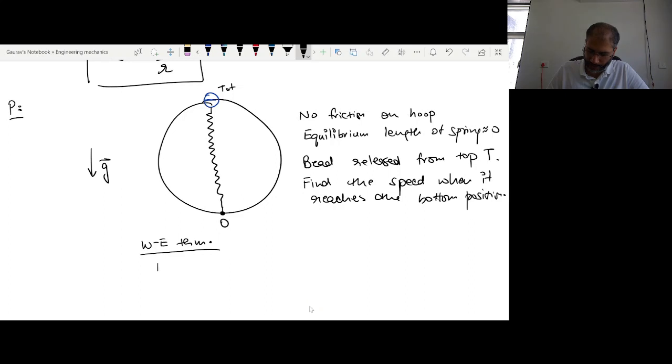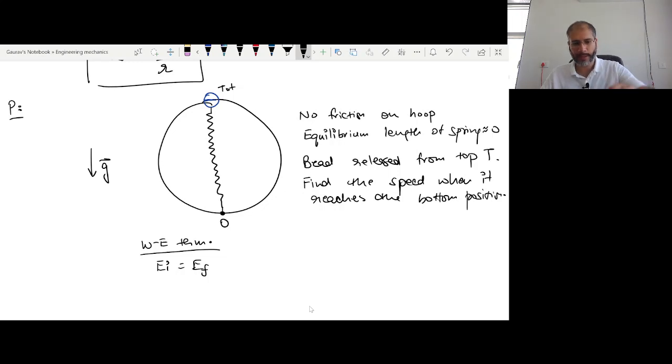That means the energy initial becomes equal to the energy final. Take the whole system of the bead, the hoop, and the spring and everything. So of course, we take the earth in the system as well, because we're talking about internal energy. So we have to take the system that includes both the particles, but the earth does not move. It's only the bead that moves.